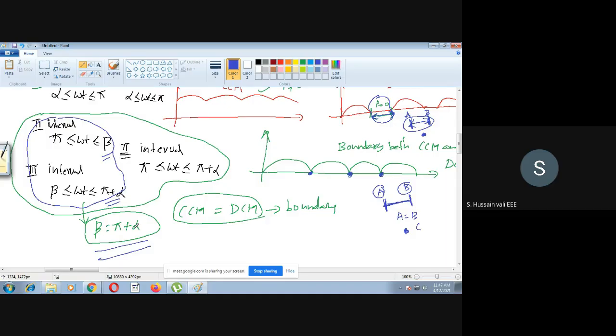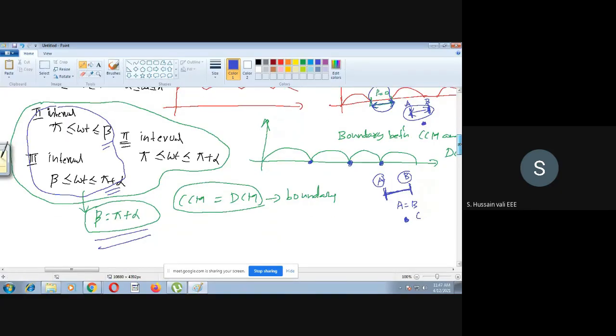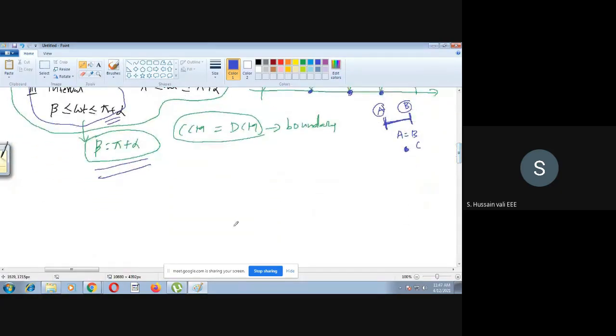So the discontinuous conduction and continuous conduction modes will have the same boundary. Once we understand that beta is equal to pi plus alpha is the condition for the boundary, this becomes the boundary condition.